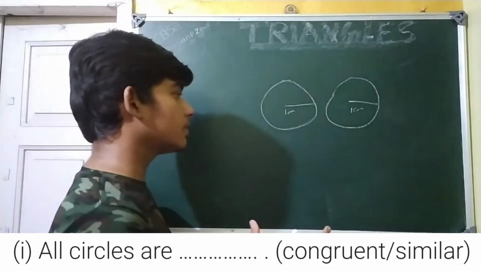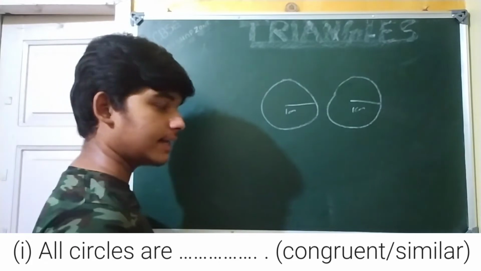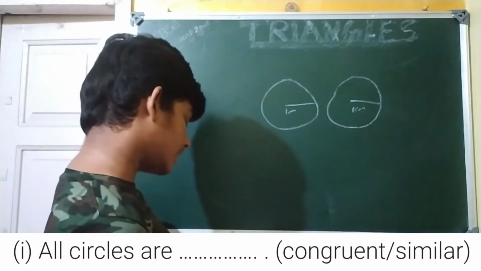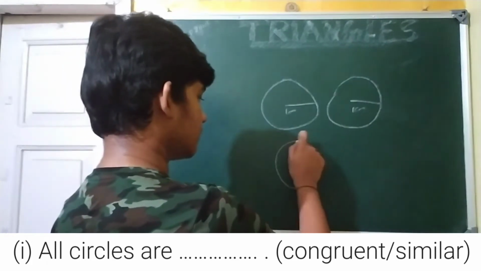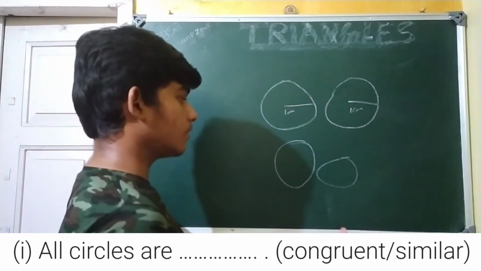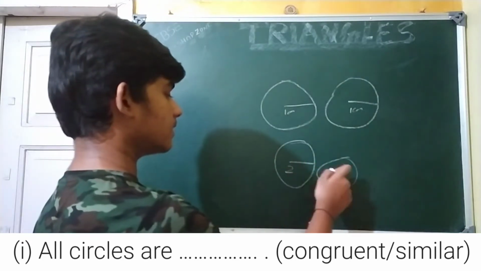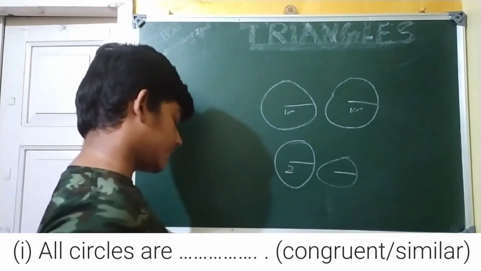So they are congruent because they have the same shape and size. So that is congruent. On the other hand, similar or similarity is where both of them can be the same shape, but obviously they don't have the same size. So for example, this can have 2 centimeters, this can have 0.5, etc.